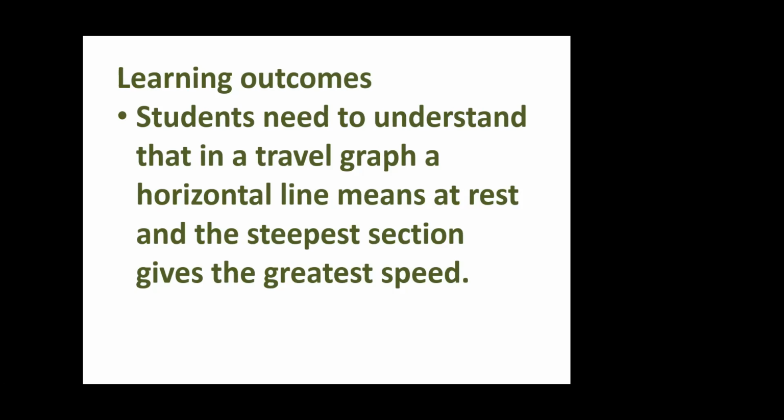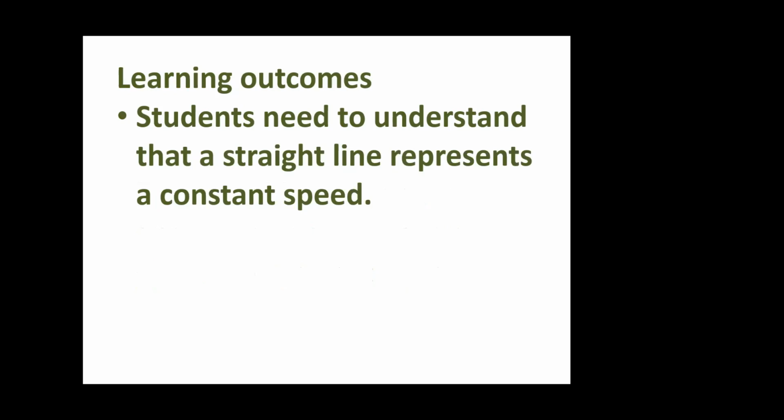Simple things to pick up, because they're common sorts of things that we're going to be talking about when we ask questions on travel graphs. They also need to understand that if you're asked to draw a straight line that represents something, that's a constant speed. Or if you're told that you'll travel at a constant speed, then that means it's going to be a straight line that you're going to draw.